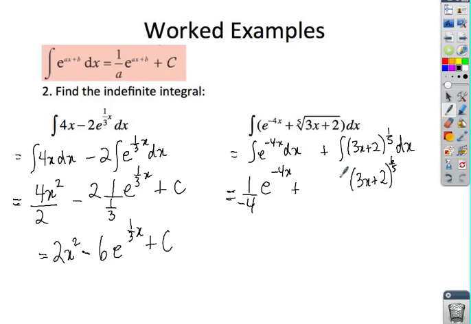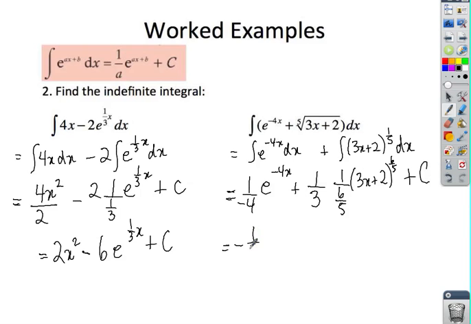And now in front, we divide by that new exponent. The rule for the power rule is divide by the new exponent, so 1 over 6/5. And again, because 3x plus 2 is linear, we also have to divide by the coefficient of x. And again, we'll include 1 c for both terms. Again, this can be simplified a little bit.